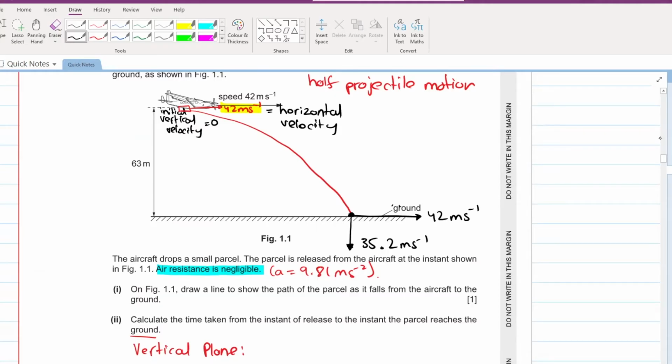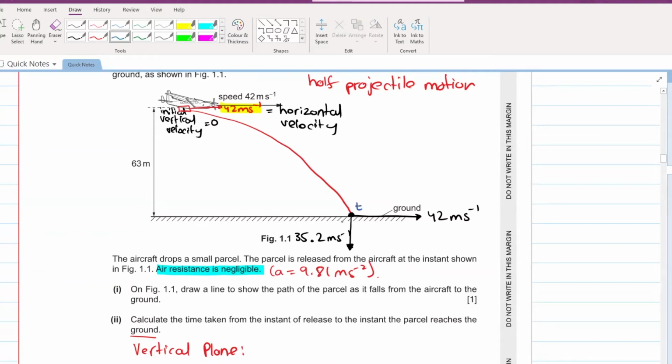Can you calculate the resultant velocity, or the resultant speed, or the total speed in this scenario? Very easy to calculate. You can obviously apply the Pythagoras theorem directly, but let me build up some concepts here.